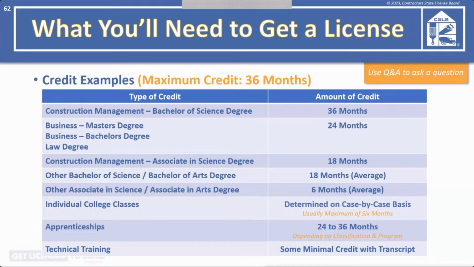There are certain restrictions for you qualifying multiple licenses, and it will depend on what your license is and the license that you're qualifying and the classifications.